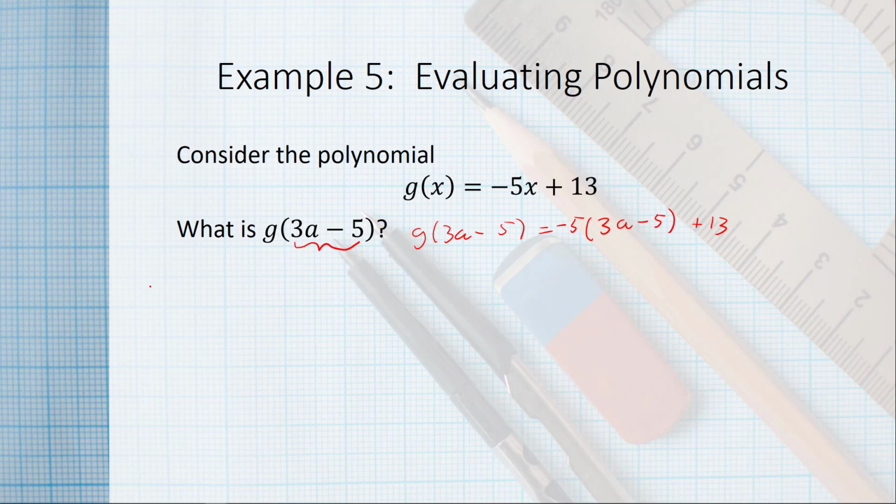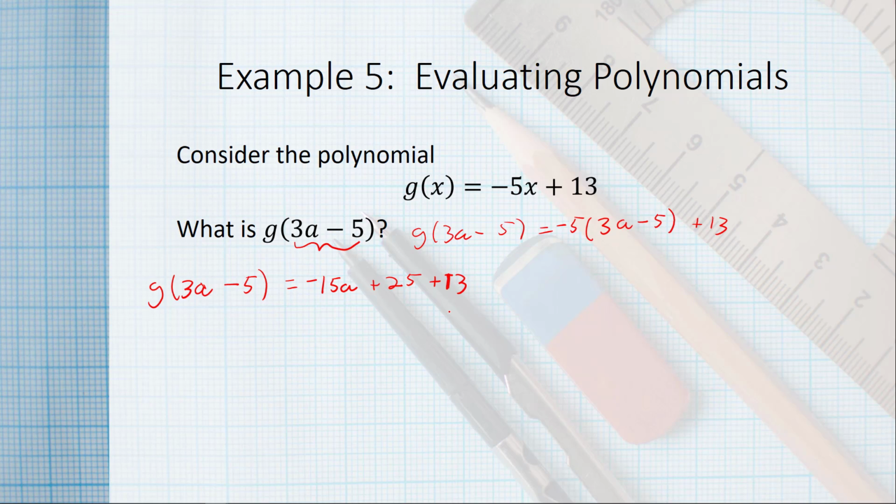Now we can use the distributive property. I will have negative 5 times 3a, which is going to be negative 15a. Negative 5 times negative 5 is positive 25. And then we have positive 13.